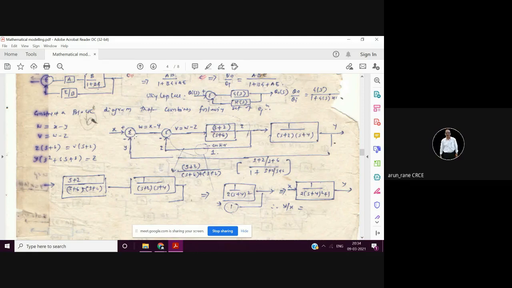Now the output of this summing point will be x minus y. Do you agree? And we'll call this w. Since this is given, the first set of equations is done. So this is w is equal to x minus y. So this particular diagram satisfies this equation.